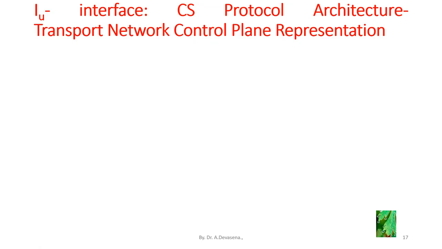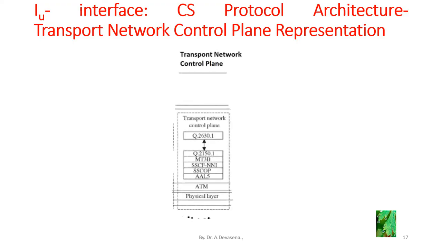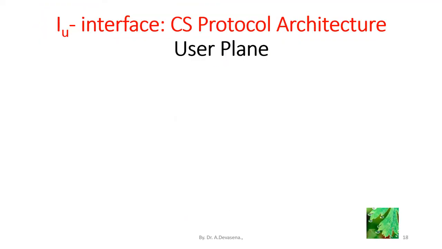Transport network control plane representation of CS protocol architecture in IU interface is shown below. This is the representation of transport network control plane portion of CS protocol architecture. Now we discuss the user plane information of circuit switched domain protocol architecture of IU interface.